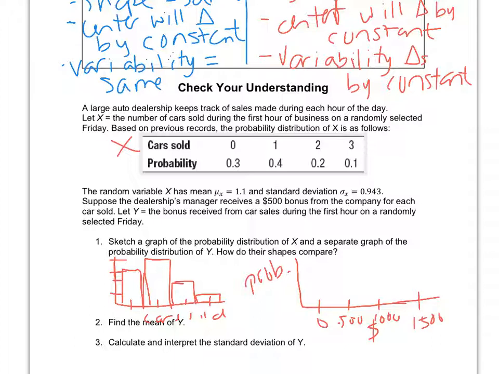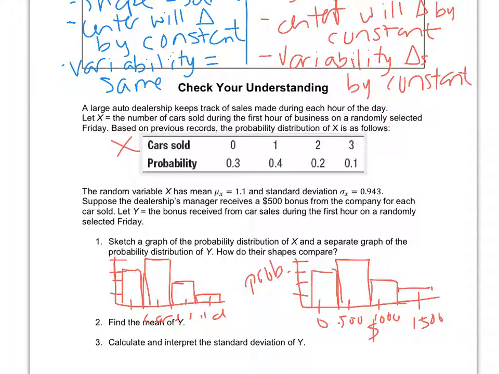My probabilities here, 1, 2, 3, 4, my probabilities here are the same, right? Because his bonus is strictly tied to the cars that are sold. So my probabilities here are the same. My graph basically should look exactly the same, just the values on my x-axis were changing.